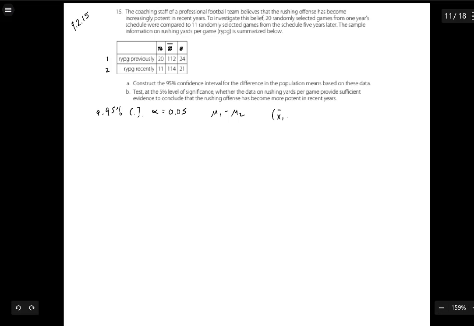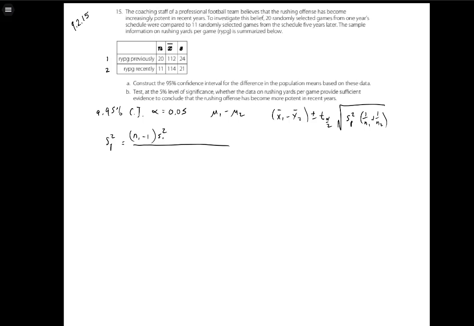So we have x1 bar minus x2 bar, plus or minus the t-distribution value of alpha over 2, times the square root of sp squared, times 1 over n1 plus 1 over n2, where sp squared is the weighted n1 minus 1 times the standard deviation of the first sample squared, plus n2 minus 1 times the standard deviation of the second sample squared, all divided by the sample size of the first plus the sample size of the second minus 2. Let's go ahead and calculate that first.